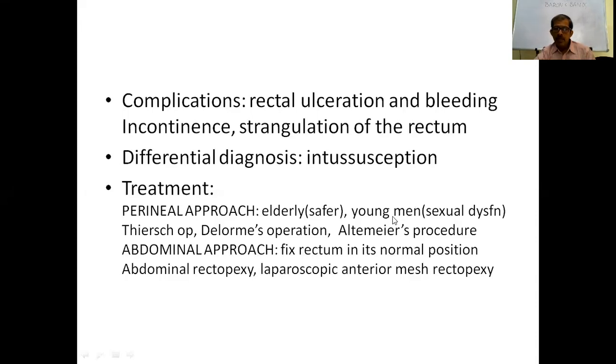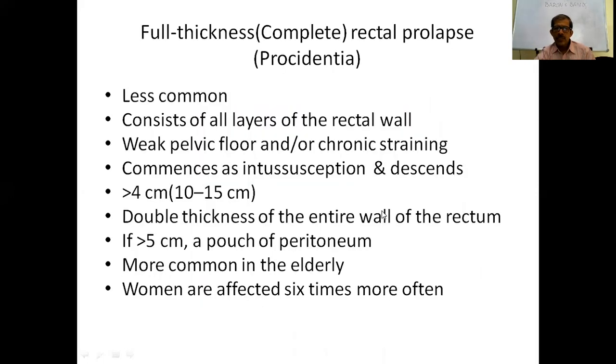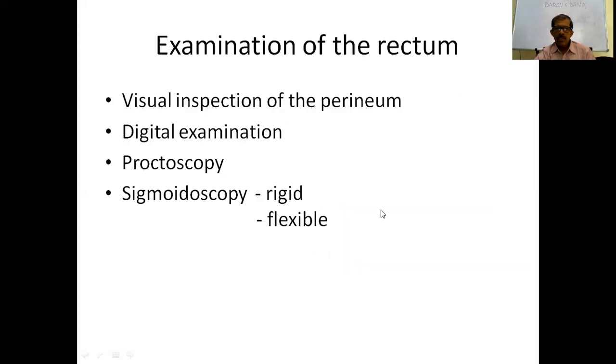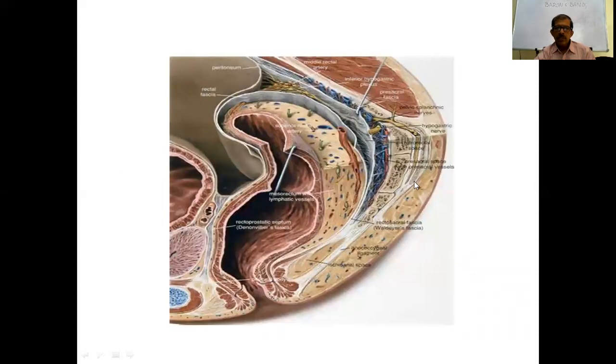And also for young men, the abdominal approach may cause sexual dysfunction, because if you see these layers, beyond Waldeyer's fascia, anterior to the presacral fascia, there are plexus. These plexus are very important for potency and also the function of the bladder and the rectum.